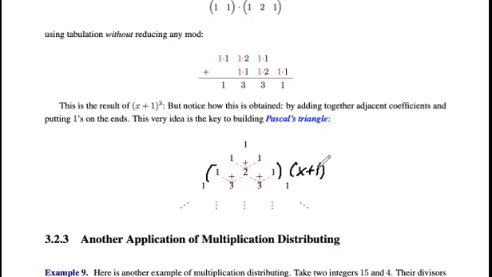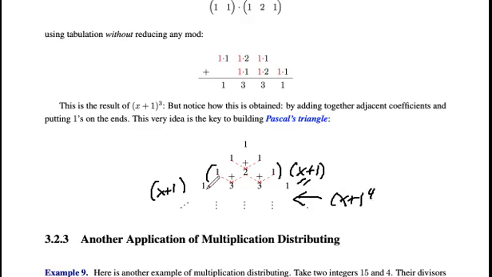And doing so, we got this. And how did we get the coefficients? We got that by just adding adjacent things. So what if we take this next line and multiply it by x plus 1 again? Then the next line right here should actually refer to x plus 1 to the 4th.